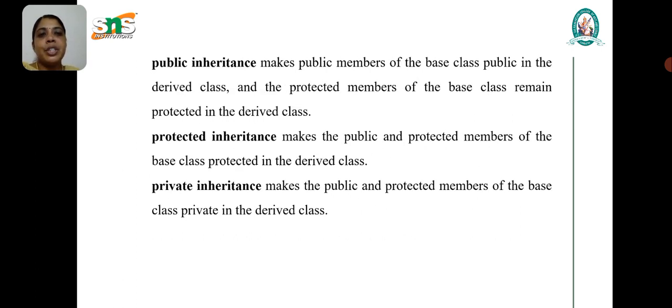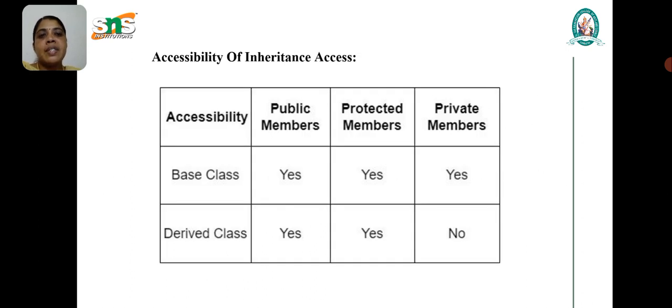This is the definition of public, protected and private inheritance. This is the accessibility of inheritance. In the base class, public members, protected members and private members can be accessed. For derived classes, only public and protected members can be accessed. Private means it is only for the base class, not for the derived class.